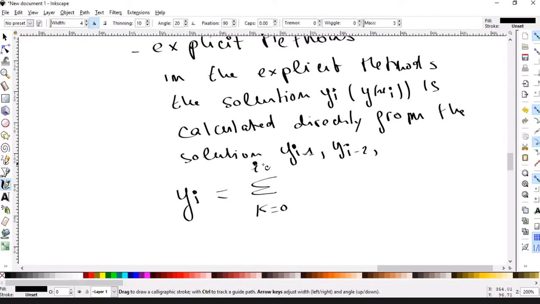Can depend upon, okay, so this will go from k equals 0, phi of xi minus k, yi minus k. And this means that there is a function here that relates this point to all the previous points.